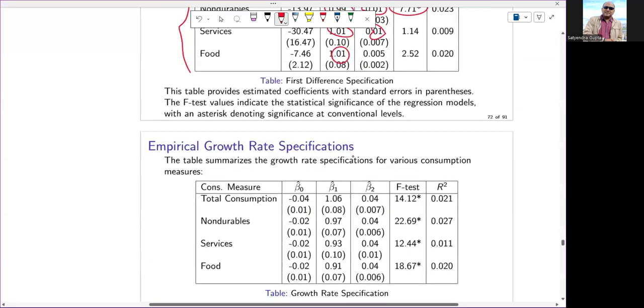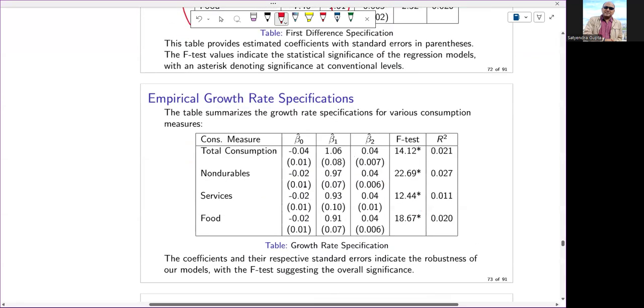And then in the growth one, we find that it fails in many cases, though beta 1 comes very close to 1 here, close to 1 here, close to 1 here, and is also significant in every case. But if you look at beta 2, it is also coming out significant. That should not have come according to our hypothesis.